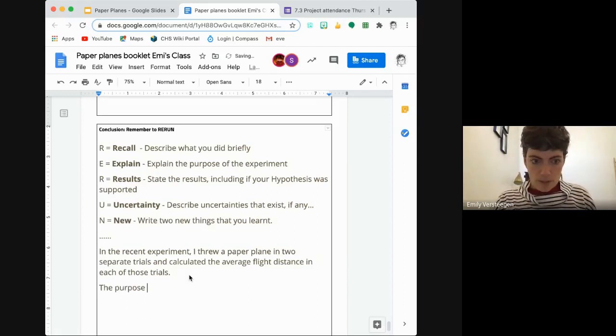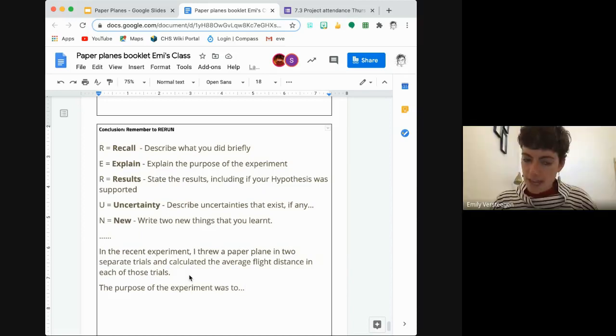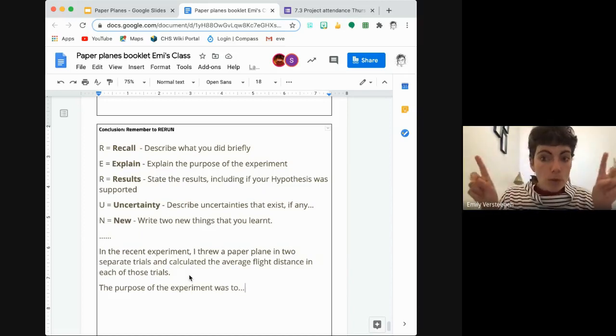The purpose of the experiment was to, what was the purpose? Can someone tell me? Measure and know like the distance. Yep, and it was also to do what with the 2 data sets?